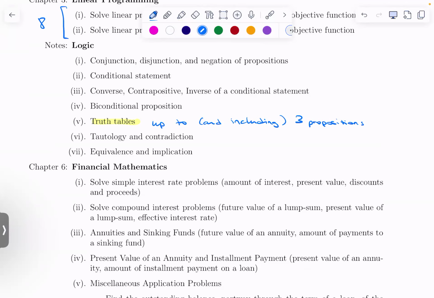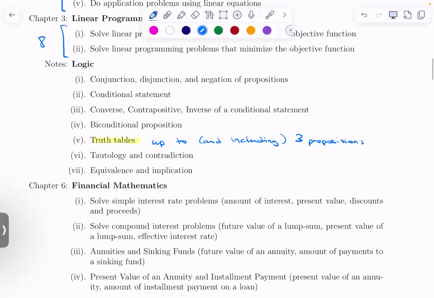Which is that big version, right? 8 lines. But you had one on test 1, and it'll be 8 marks from logic, roughly.